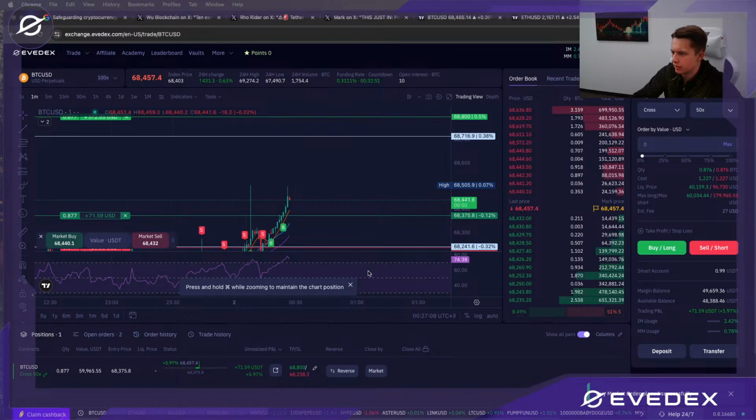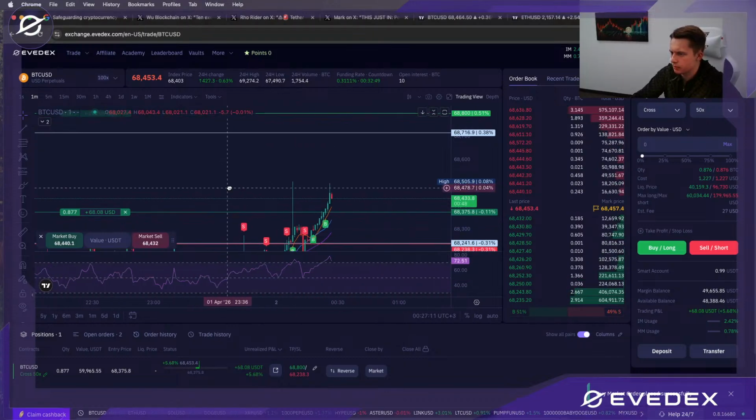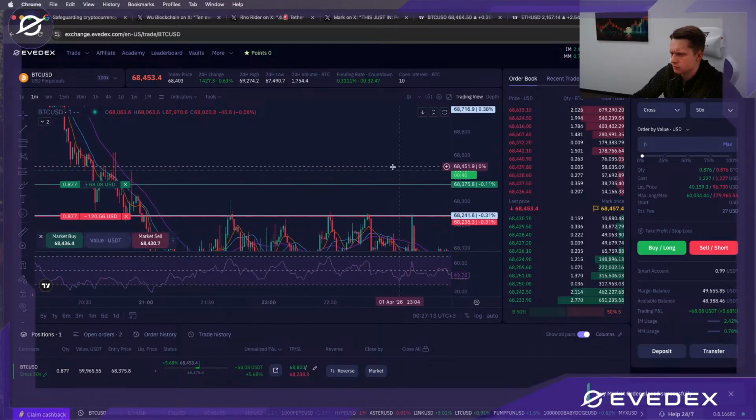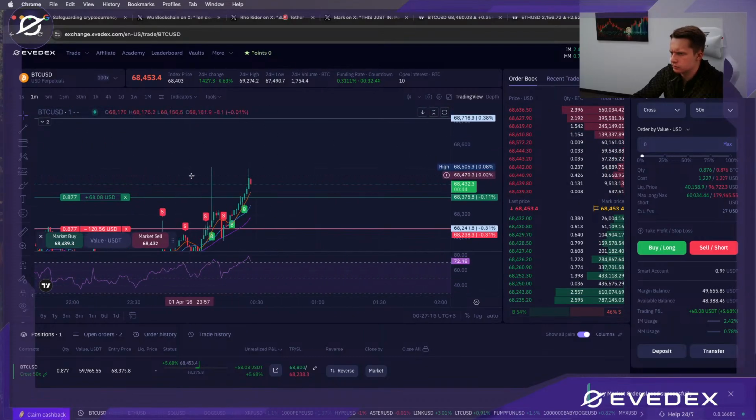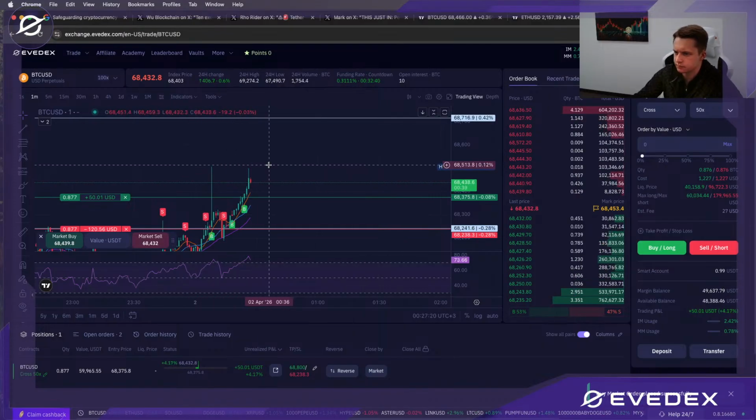Are we going to get a bit of rejection? We might do. But it has come up to this previous peak here. So I believe we'll get another retest for that price.